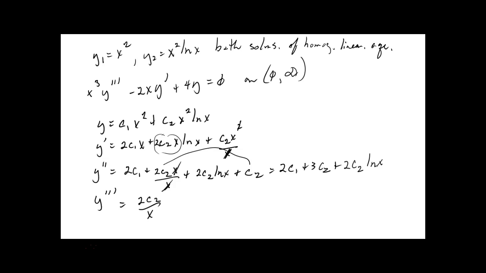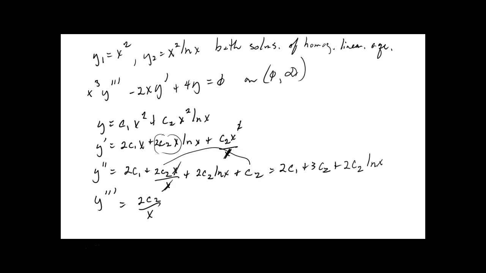All right. Now, so there's your that. Now, if we multiply that by x cubed, like the top one says to do, that's going to be 2c2 x squared, right?